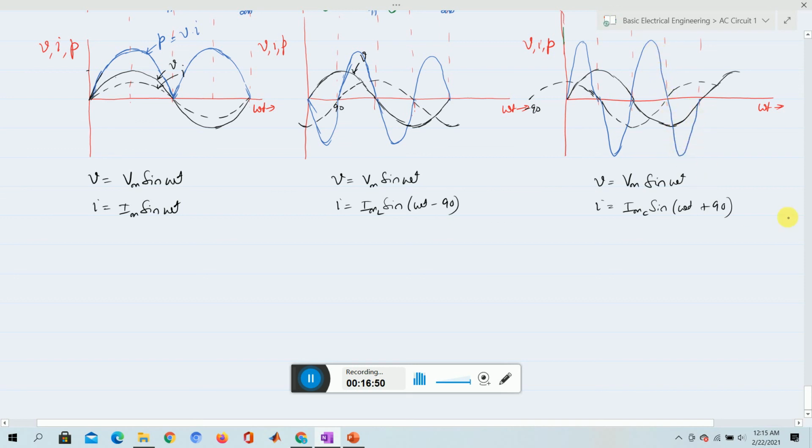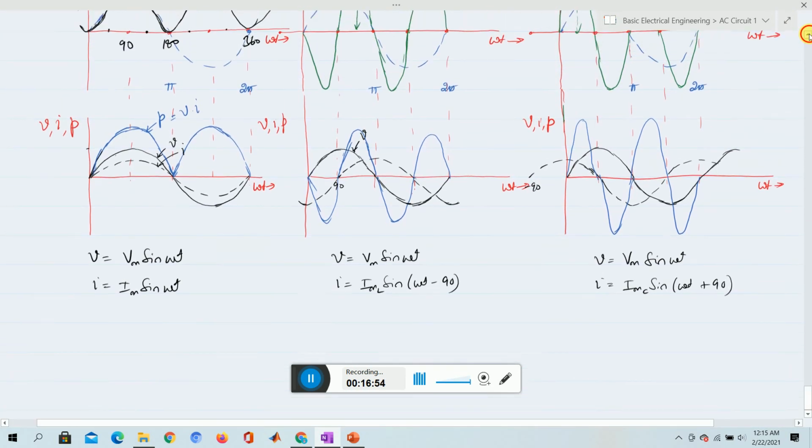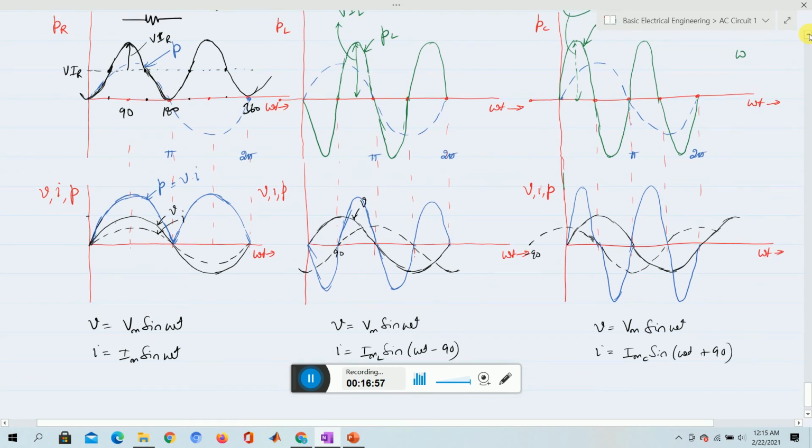Now if we see the diagram that we have drawn earlier, it is matching, because the same concept is used here: power, voltage, current, and this will be the power PL and this will be the power PC. The reason is that for one the current leads by 90, and here the current lags by minus 90.